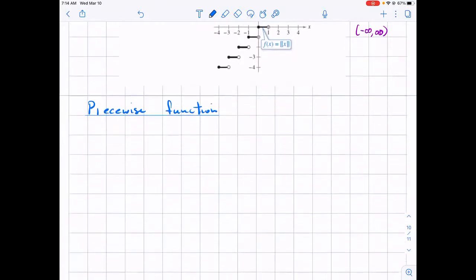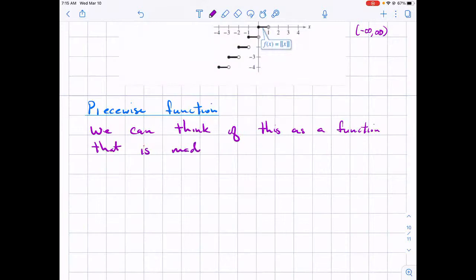We can think of this as a function that is made up of various parts, or various pieces, of different graphs.